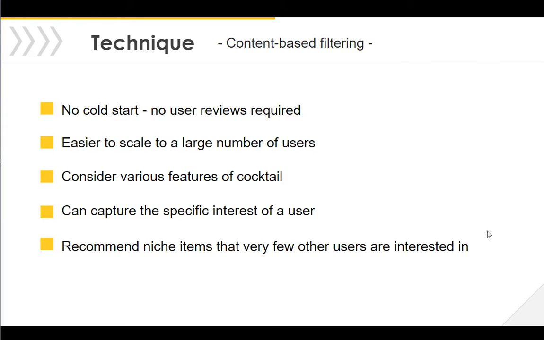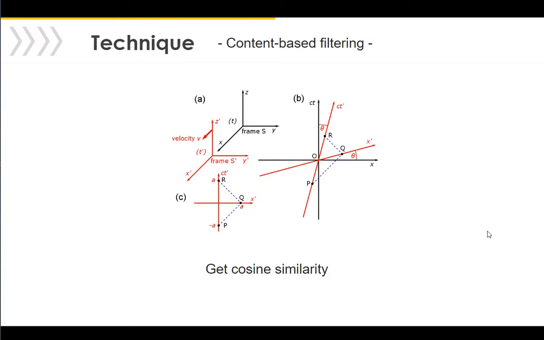So using this content-based filtering, we can capture the specific interest of users. We used cosine similarity to find the similarity between the user selection and the cocktail database.